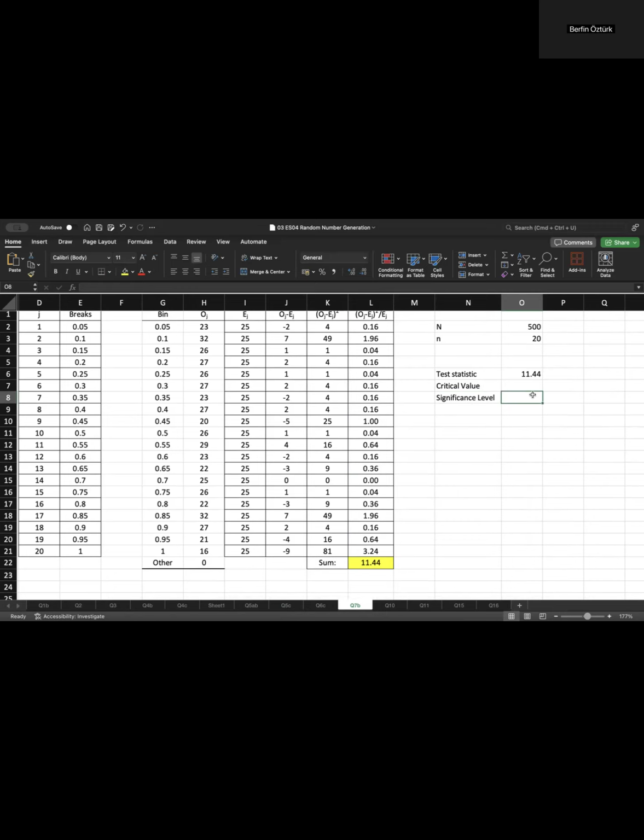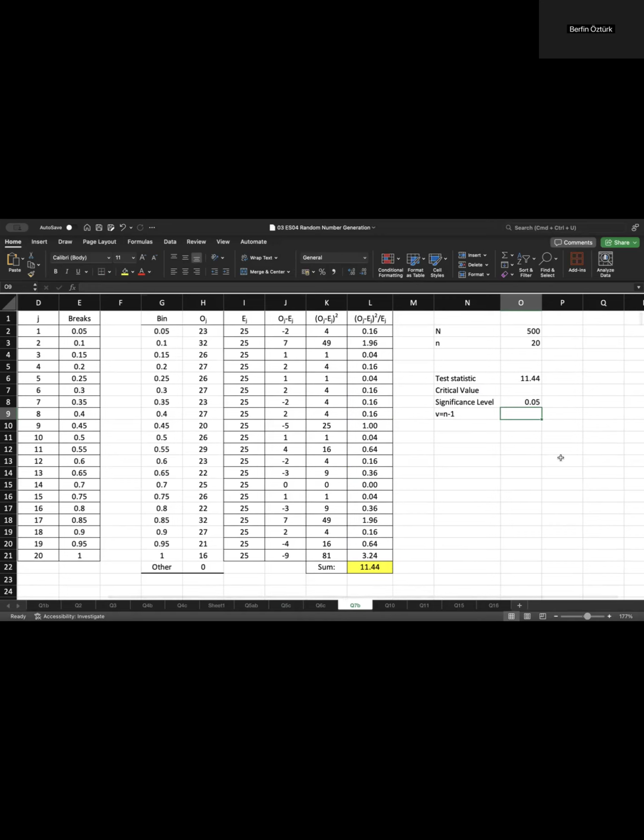So we check the chi-square table accordingly. And if you do not know how to check the table, you can ask, or I can show you in the recitation. So for the critical value, I almost forgot the degree of freedom. The degree of freedom is n minus 1, which is 19. So if you check up, it is 36.